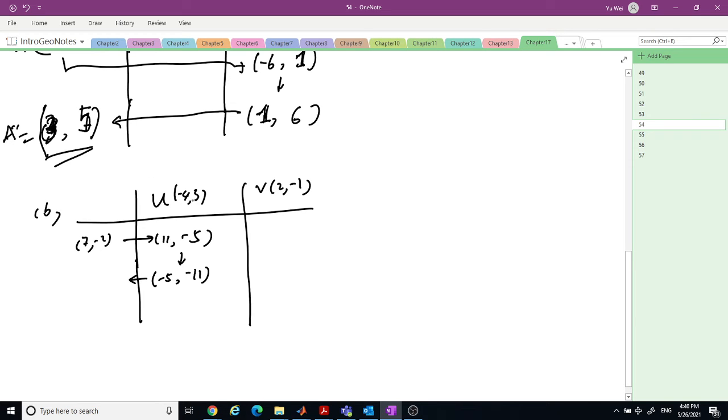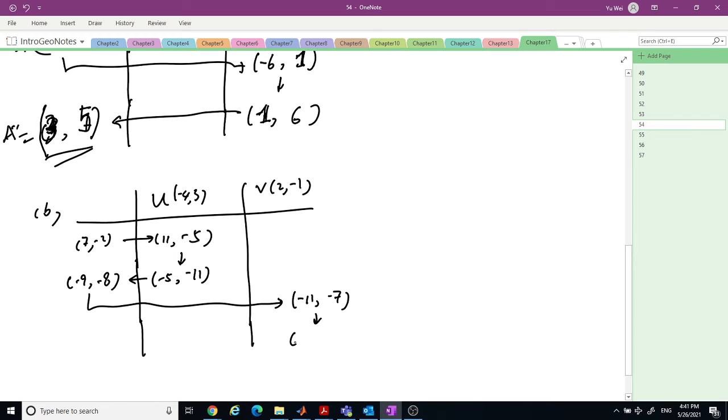When converting back, we need to take out 4 and add 3, so it's -8. Then we convert with reference to this, so take out 2, and we get -11, then -7.